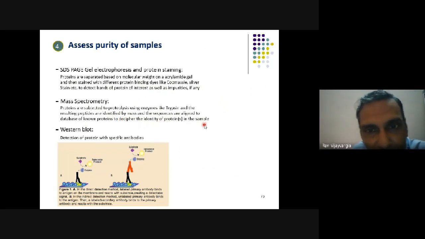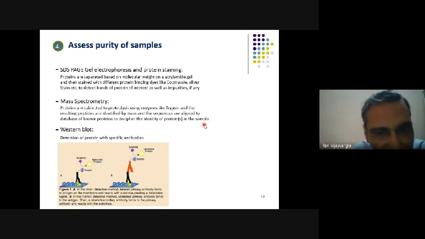If all the peptides correspond to your protein of interest, then you are sure it is purified to 100% purity. But if you see other contaminating peptides, then there are still other proteins present, and you can modify the strategy to remove them.